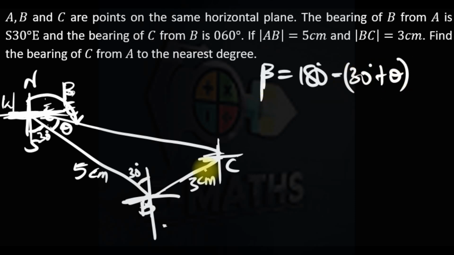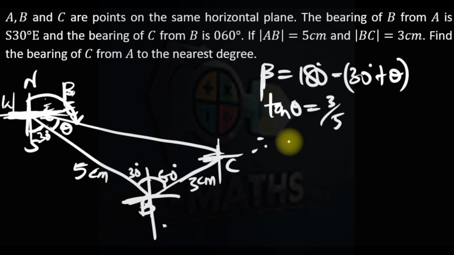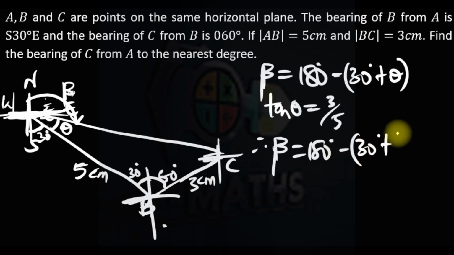So let's get theta. Remember, here is 60. So we have a right angle triangle. So to get this theta, we use tan. No need of using sine and cosine rules. So we have tan theta is opposite over adjacent, which is 3/5.